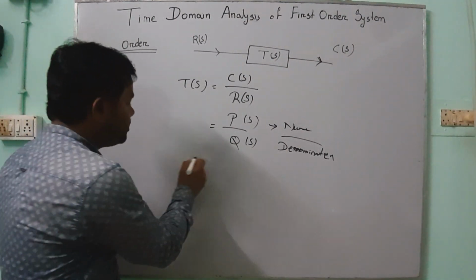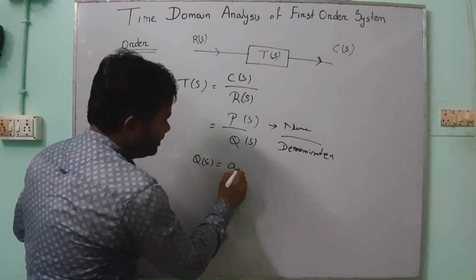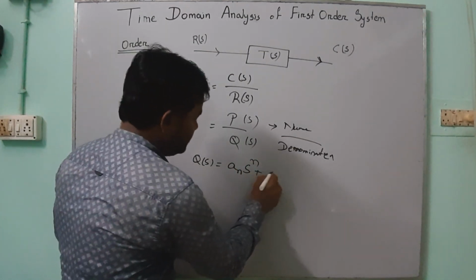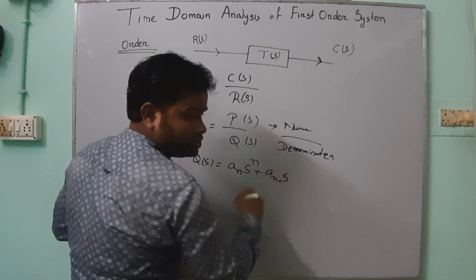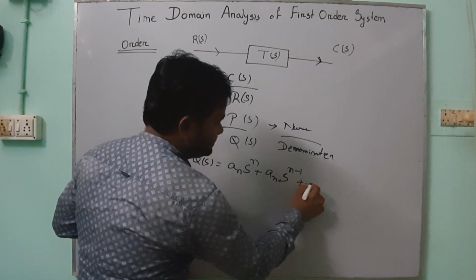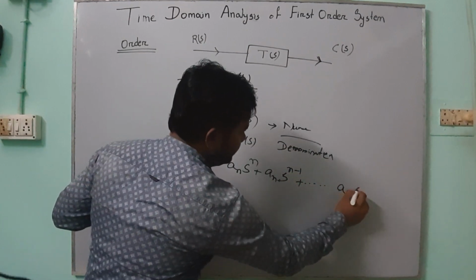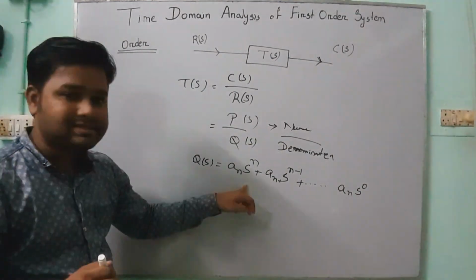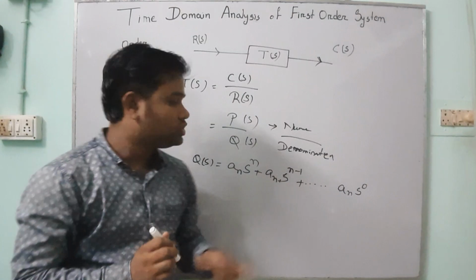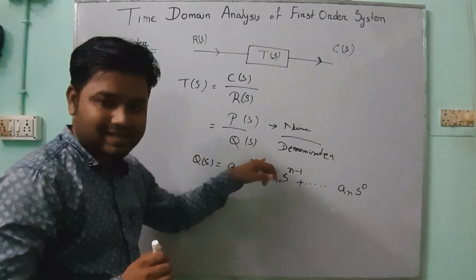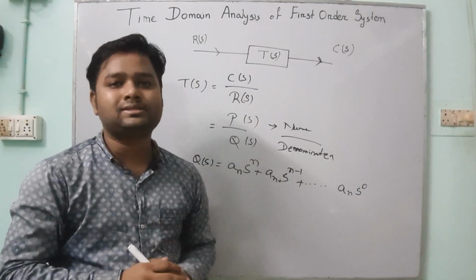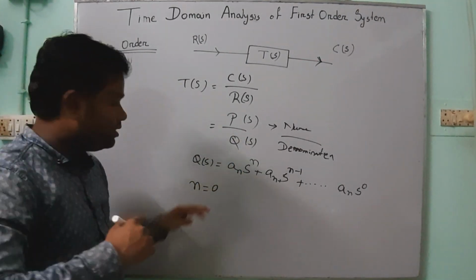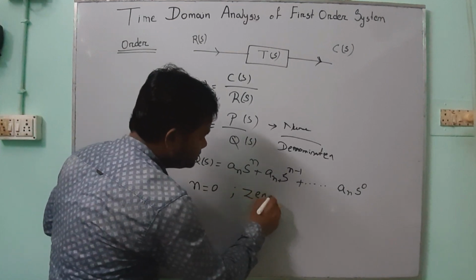If Q of S is equal to an into s to the power n plus an minus 1 into s to the power n minus 1 plus, similarly, up to a0 into s power 0, that means the power of s is from n to 0. So the power of s, that is n, which is maximum, is known as the order of the system. If n is equal to 0, then it is known as a zero order system.